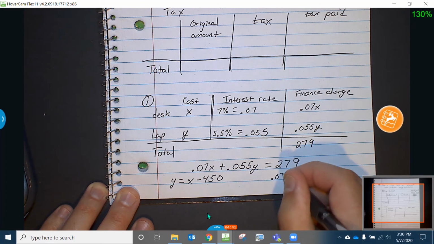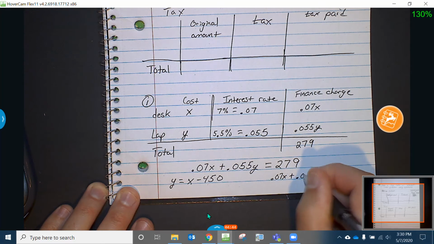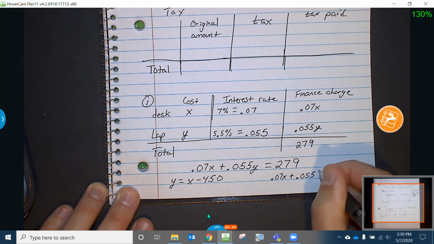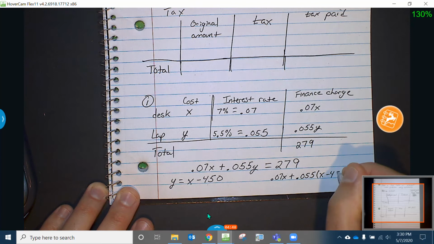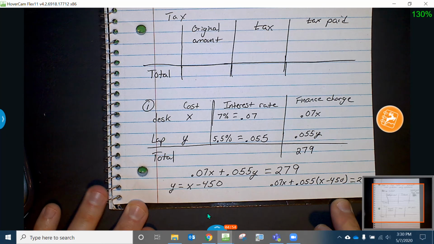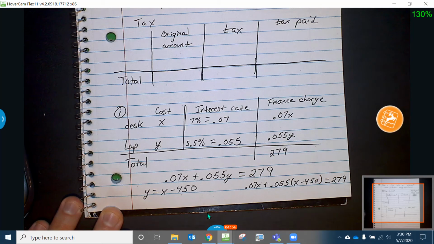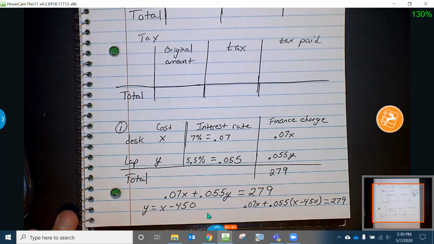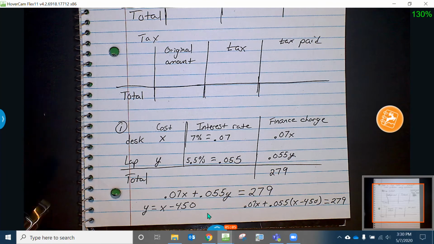So 0.07x plus 0.055 times (x minus 450) equals 279. So I just plug this in for this. Okay, so I'm going to solve that.